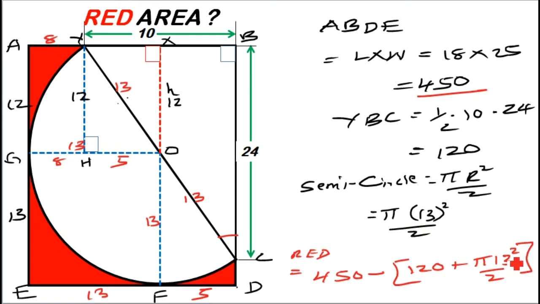Ladies and gentlemen, that is the red area. And if you work out that mathematics, you are supposed to get approximately 64.53 units square. That is the simplest means to solve this radical Olympiad geometry problem.